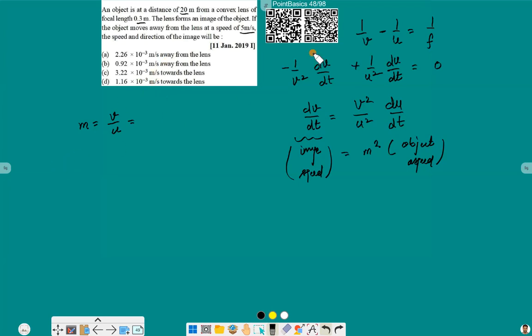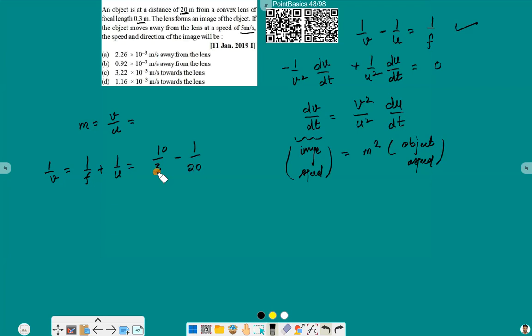For that, we will use the same formula, that 1 by v is equal to 1 by f plus 1 by u. That gives us 1 by 0.3, focal length 0.3 meter, and u is going to be negative, so here we get 20. Both are in meter, so we take it as it is. That becomes 10 by 3.